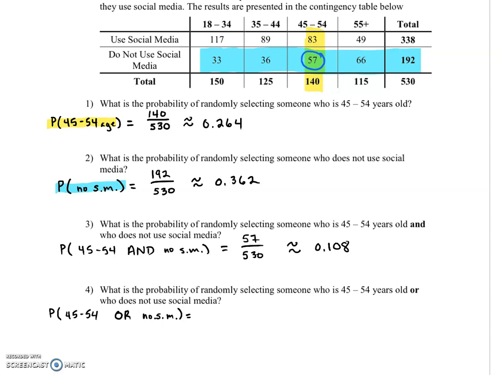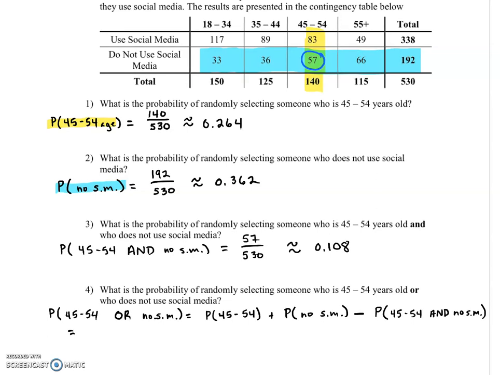So now we say, okay, we've got the probability of 45 to 54, that's the one category, plus the probability of they don't use social media. And then again, we have to subtract the part where they have outcomes in common. So that is what we call the probability of 45 to 54 and no social media.